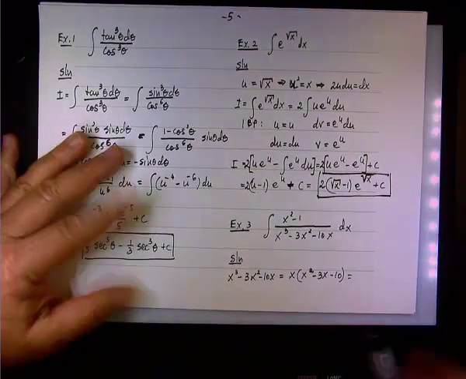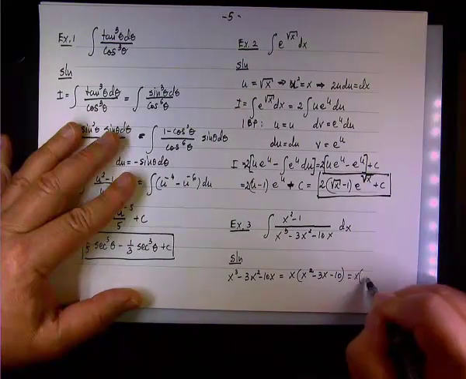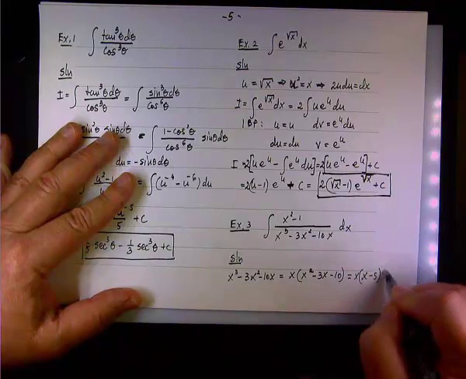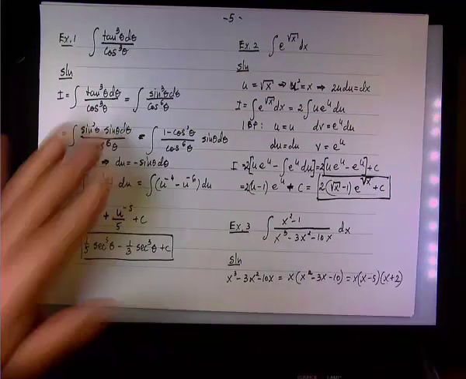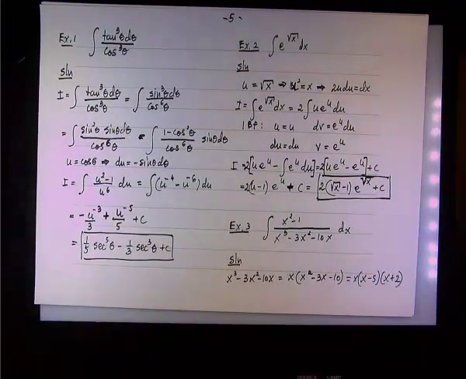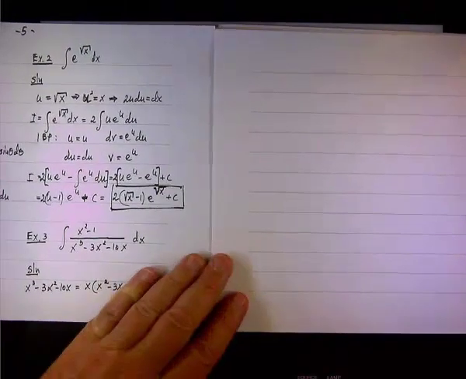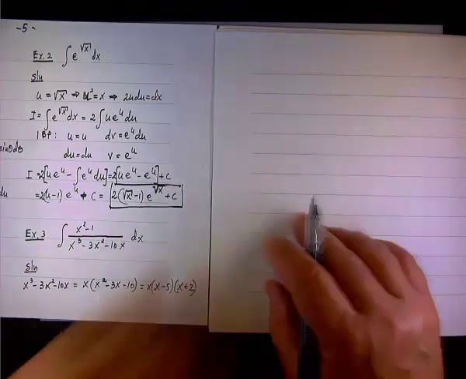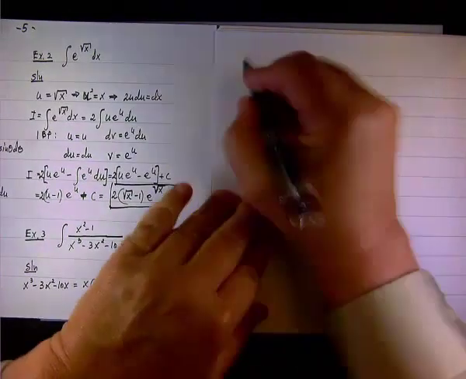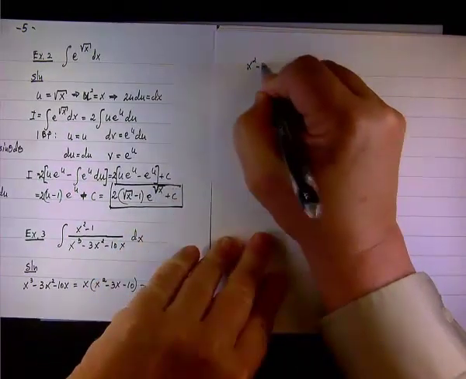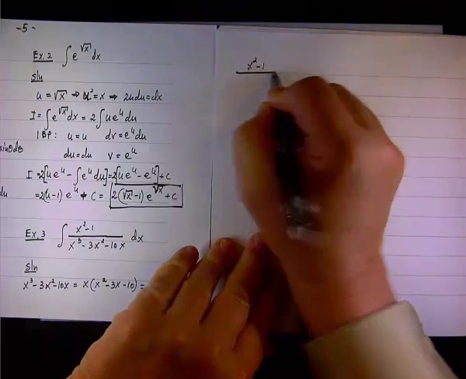And this is factored nicely, because negative 10 is negative 5 times positive 2. So we have x times x minus 5 times x plus 2. So we end up having 3 linear factors. In this case, it's a piece of cake, isn't it?